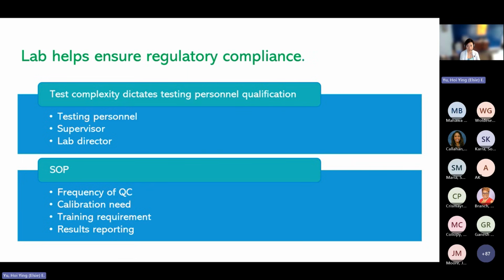So all those are complicated. And on top of that, the lab also makes sure that we have a good SOP in place, which has very clear guidance on how often quality control needs to be done or calibration is needed, as well as training and results reporting, to make sure we're compliant, as well as being able to perform the test as accurately as we can be.